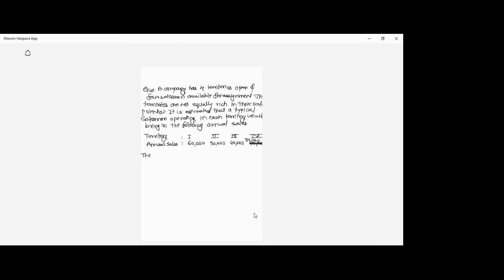The 4 salesmen are also considered to differ in ability.